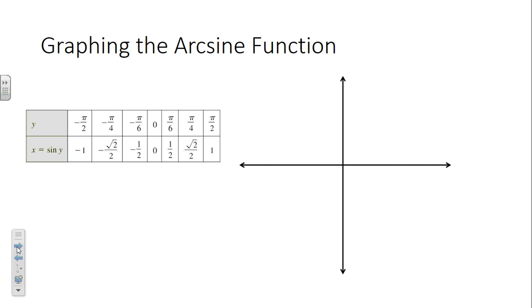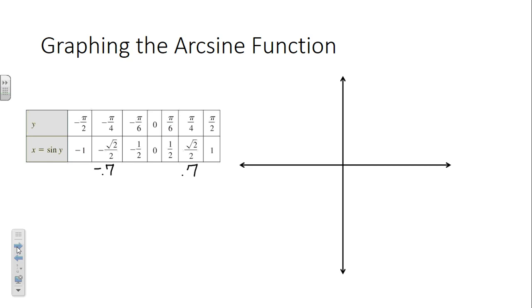Sine of negative pi over 6, a 30-degree angle in the fourth quadrant, is going to be negative 1/2. Sine of 0 is 0. Sine of pi over 6 is 1/2. Sine of pi over 4 is square root of 2 over 2. And sine of pi over 2 is 1. Does anybody remember what square root of 2 over 2 was as a decimal? 0.7. So we're going to think about this as negative 0.7 and this one as a positive 0.7.